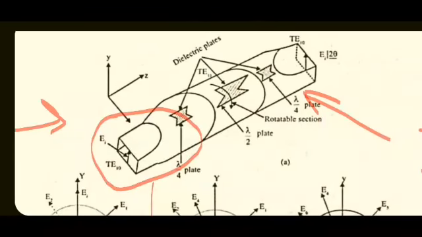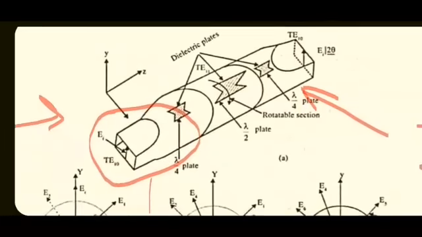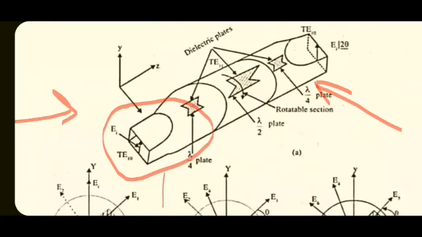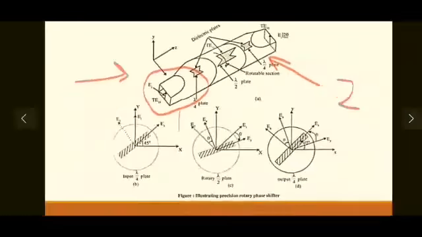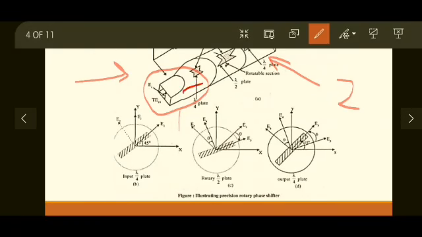The difference between these three is that the first plate, at the input, is angled at 45 degrees, and the output one is also at 45 degrees. We will see that in terms of statements again.